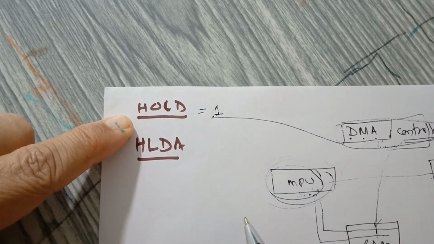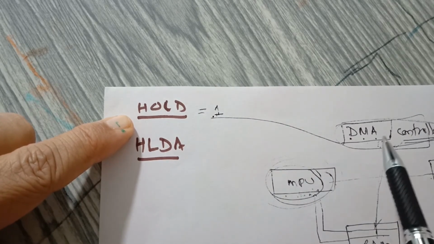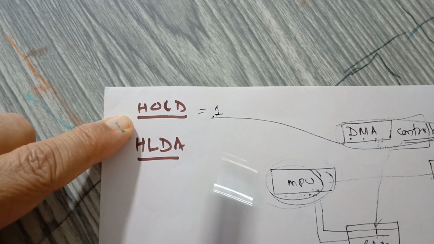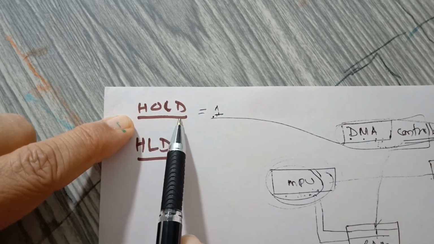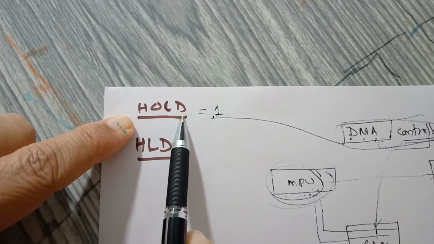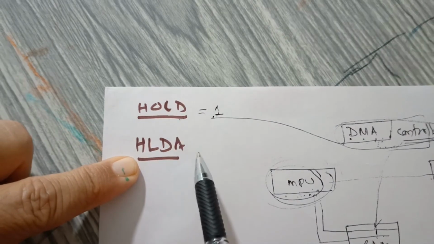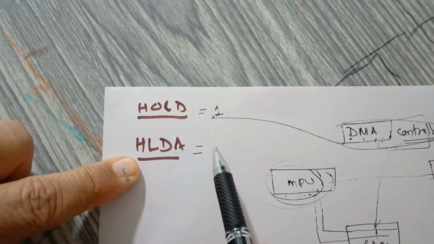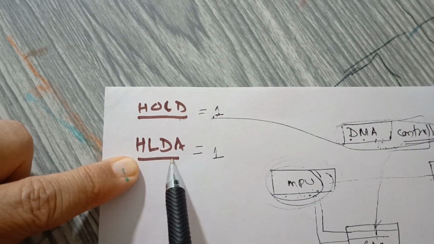The microprocessor unit. And what is the meaning? It indicates that I want to use the address and data bus, so you hold what you are doing. Okay, and then the microprocessor executes the current instruction and then stops and sends 1 on this. This is the hold acknowledge.